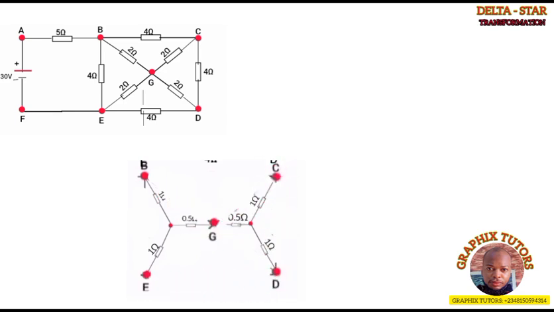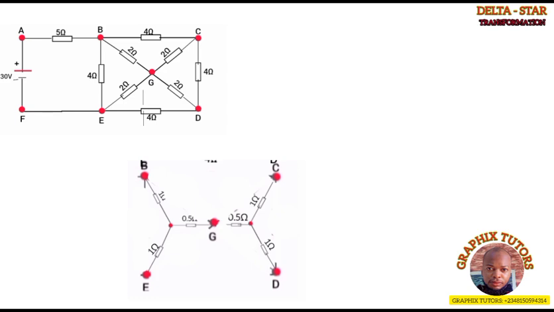So what do you notice? R 0.5, 0.5 here are in series. Since we are not considering the entire resistors, like I've been telling you earlier before this video, we're going to use a subscript aside from equivalence.